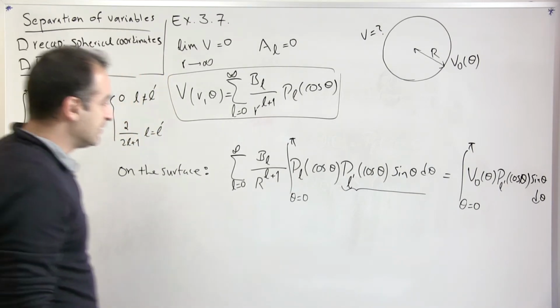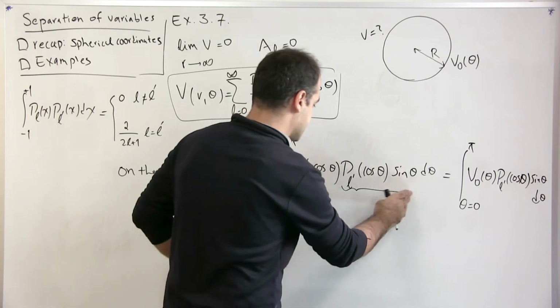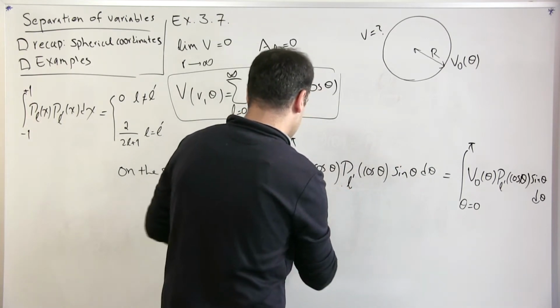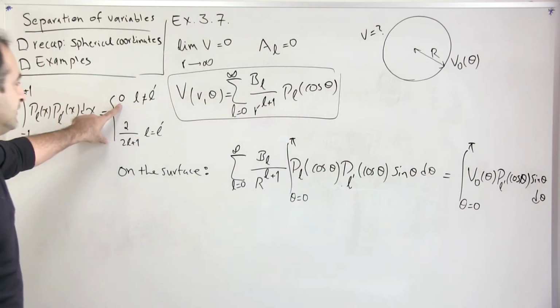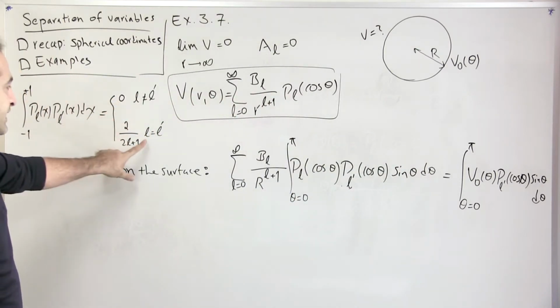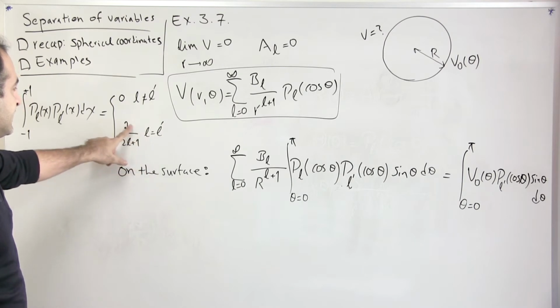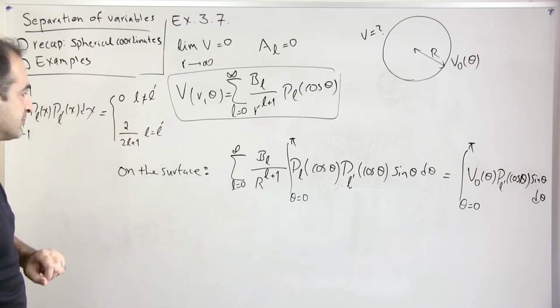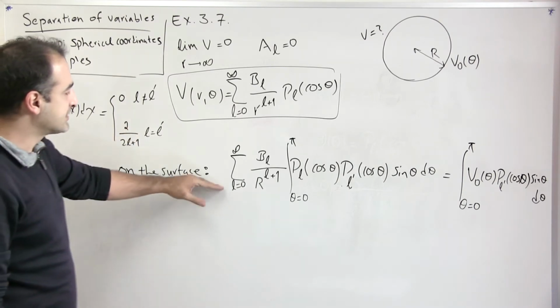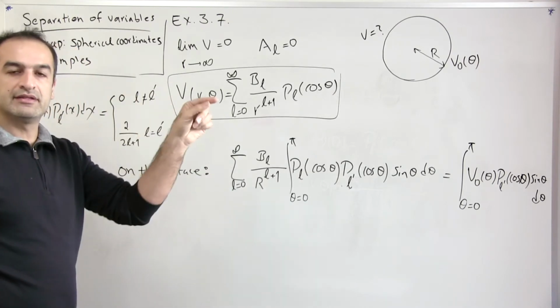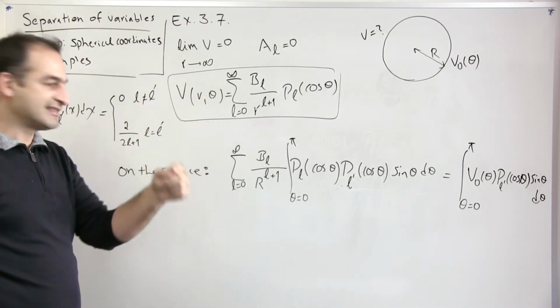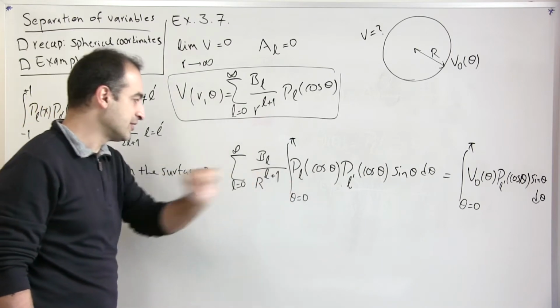And now the whole integral here, okay, is a line term inside this bracket, but the whole integral here is always 0, unless L is equal to L prime, and then that is 2 over 2L plus 1. So now the summation we have here from 0 to infinity, every single term of the summation is 0, except for the one where L is equal to L prime.